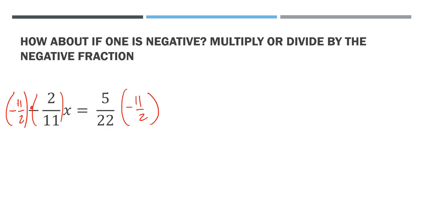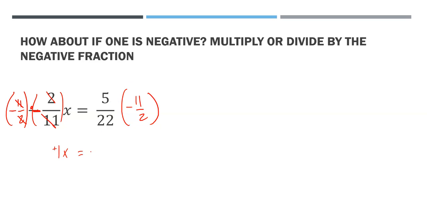And the reason why is I want the 11s now to cancel out, the 2's to cancel out, and I want just one x. So the negative times the negative makes it a positive. I'm just left with the positive 1x. So if you see a negative number with the x, remember, multiply it by a negative fraction. Multiply it by the exact flipped over fraction, but negative.